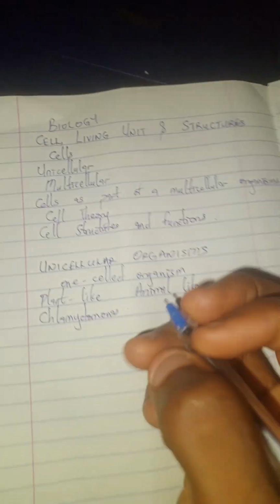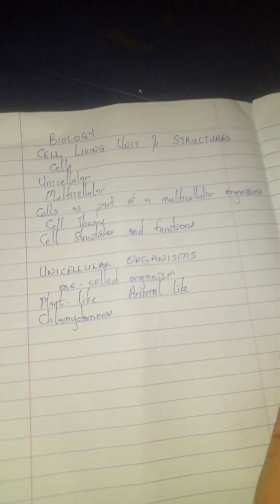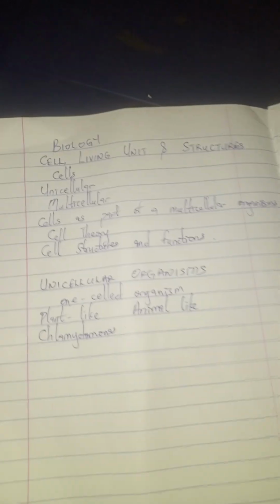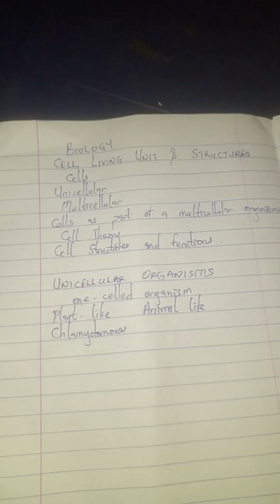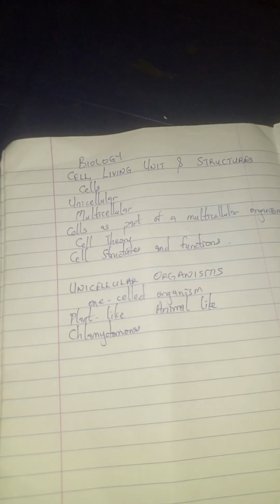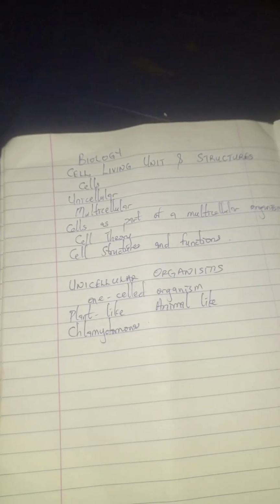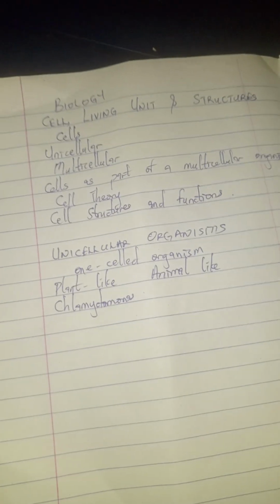Chlamydomonas are plant-like unicellular organisms that possess chloroplasts. So this adaptive feature of having the chloroplast made them autotrophs. That means they can synthesize their own food by themselves.